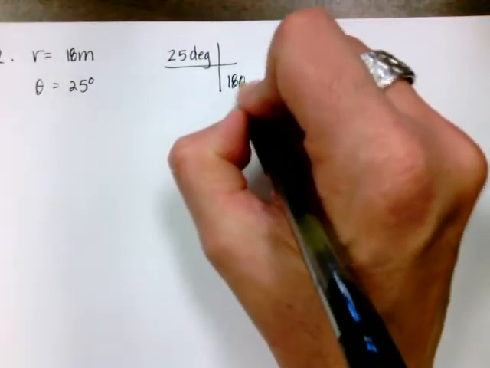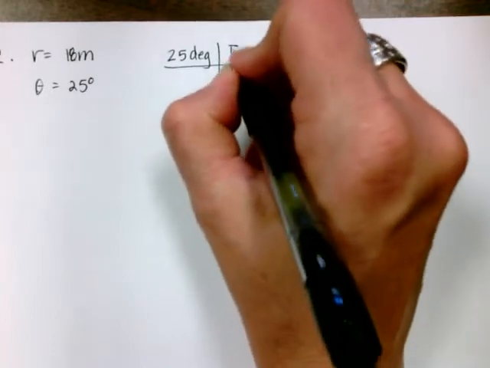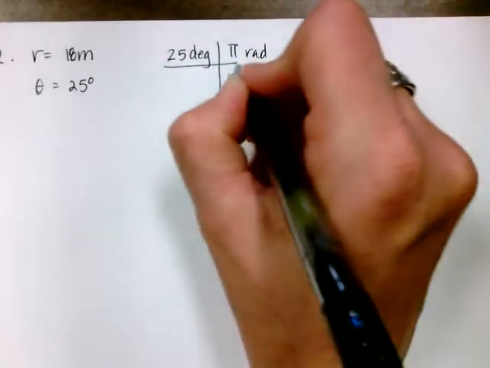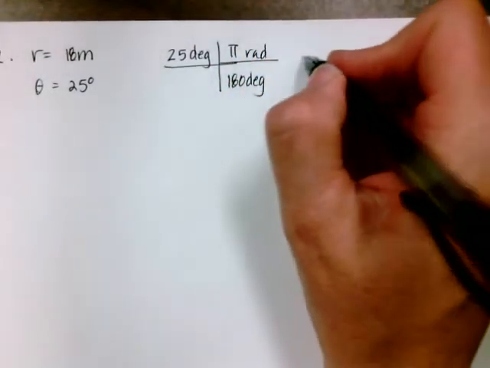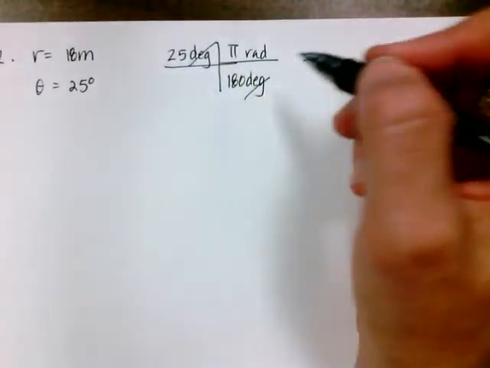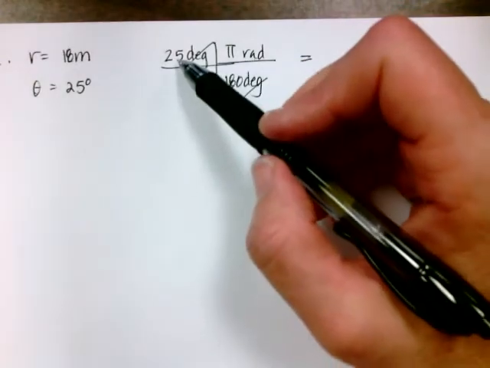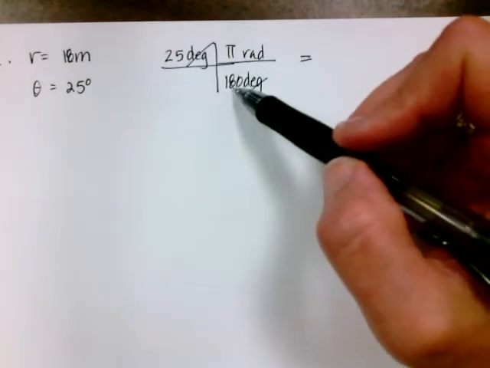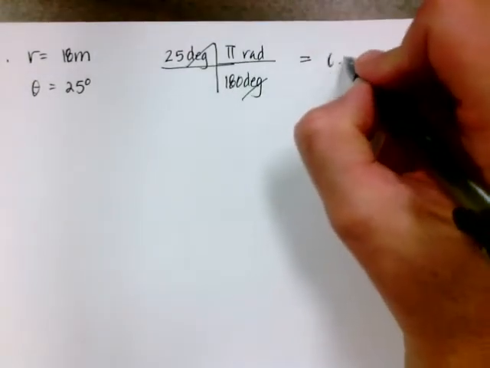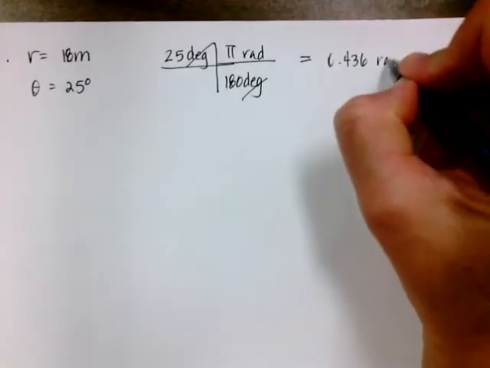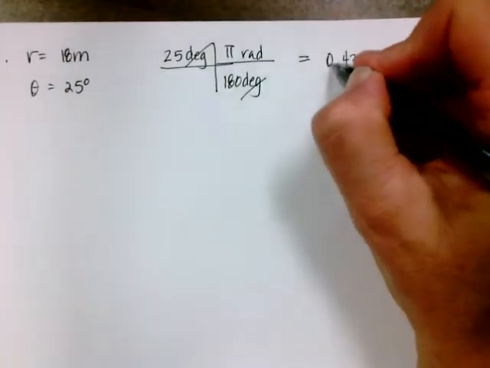There are 180 degrees in pi radians. And because my answers are going to be in decimal, I'm not going to leave the pi in my solution. So when I do my conversion, I multiply 25 times pi and divide by 180, and I get 0.436 radians.